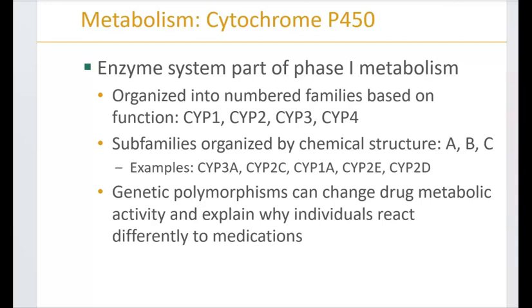You can see that they can be numbered based on families and then subfamilies. Genetic polymorphisms can change drug metabolic activity and explain why some individuals react differently to medications. We know now that we can check for these genetic polymorphisms and see if you are able to metabolize a drug or not. If you lack the CYP enzyme, or you have certain types of enzymes, you may metabolize drugs differently.